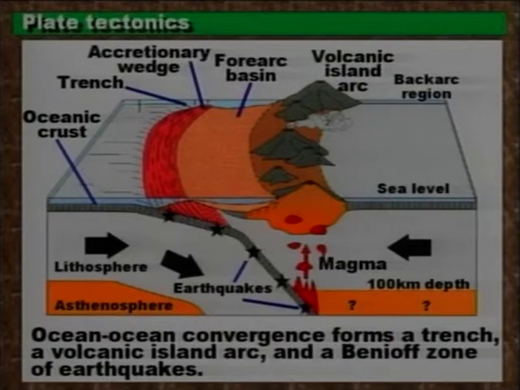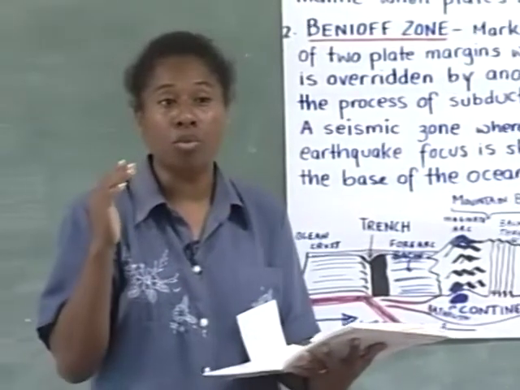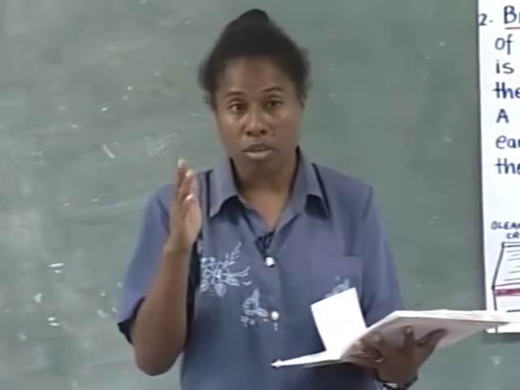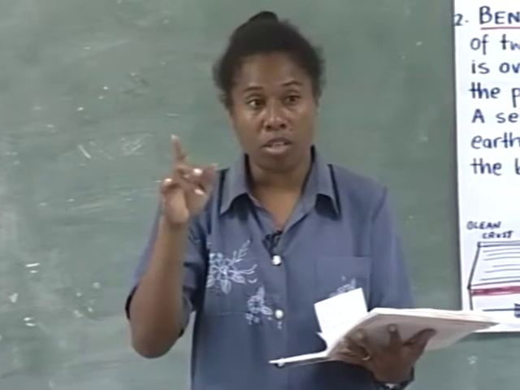The subducting plate bends downward, forming the outer wall of an oceanic trench, which usually forms a broad curve convex to the subducting plate. When we talk about convex, is that simply a slope that goes out or in? Out. Okay, a slope that goes out is convex.